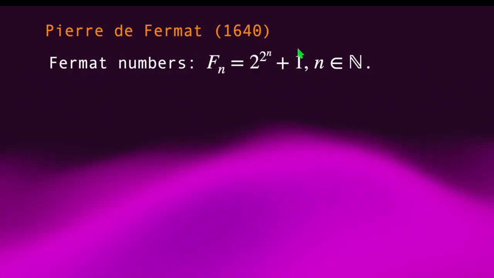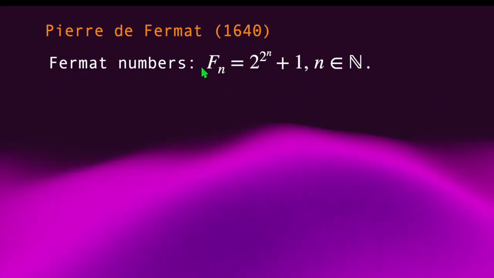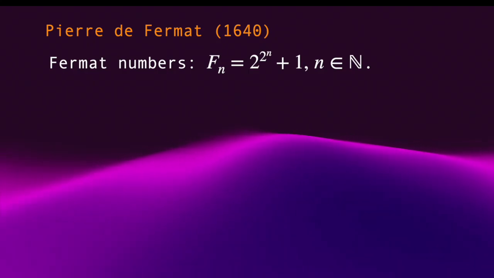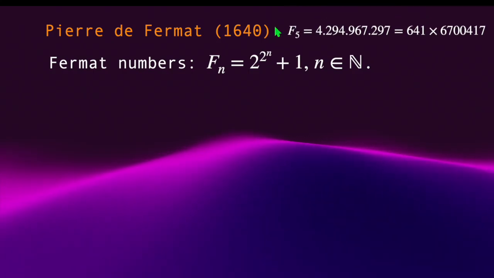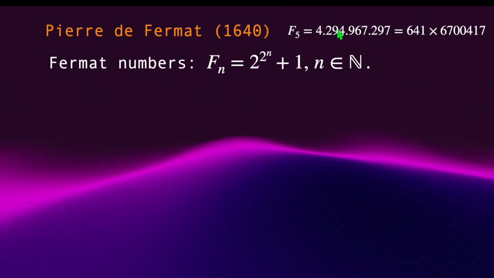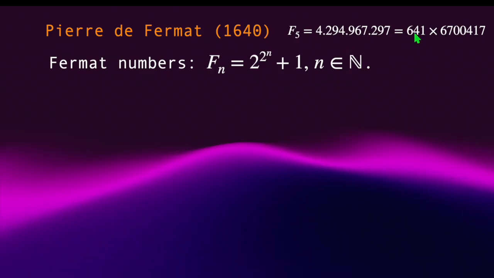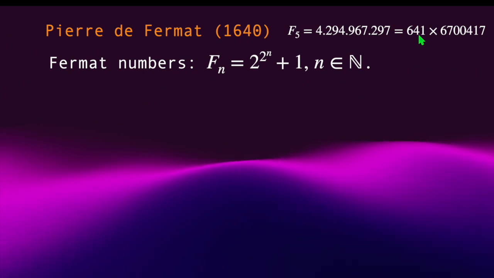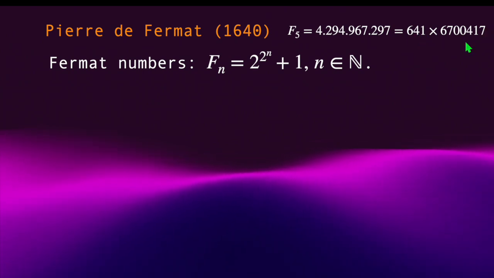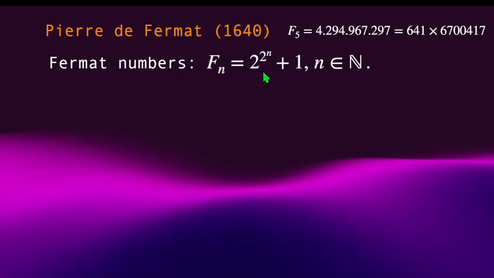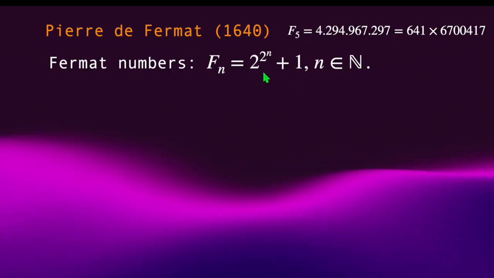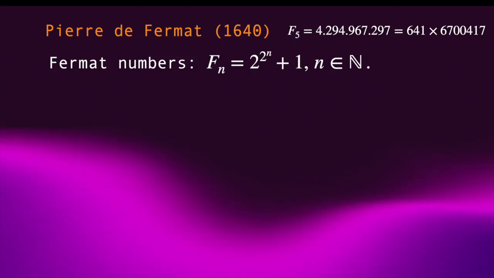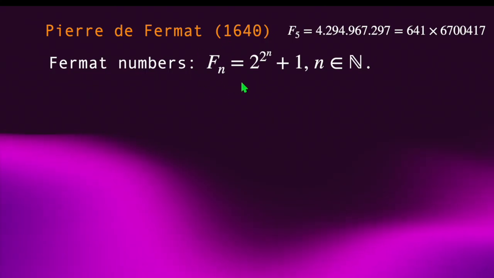But unfortunately, these numbers are not prime, and the first counterexample is F5. F5 is equal to this number. It's not prime because it has a divisor, this prime number. So Fermat's proof actually was false, and it was fixed later by using this number.